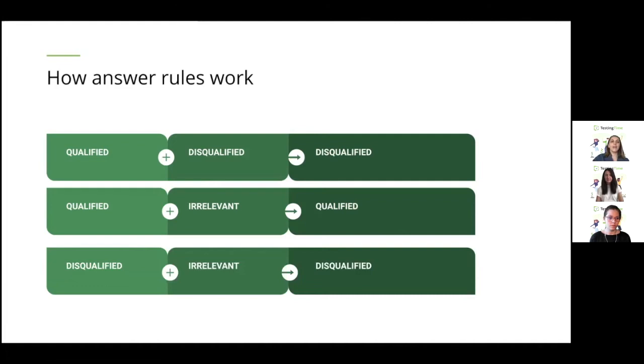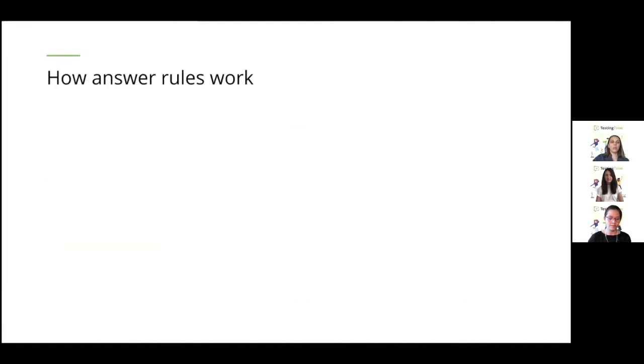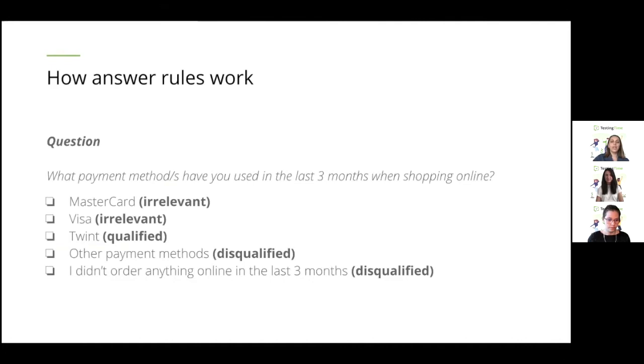And back to our example, as I said, the customer chose here to include other options, MasterCard and Visa, which are irrelevant, and Twint is qualified, and the last two are disqualified.